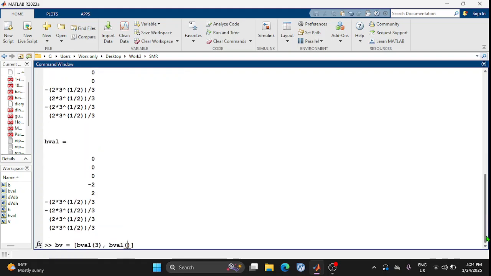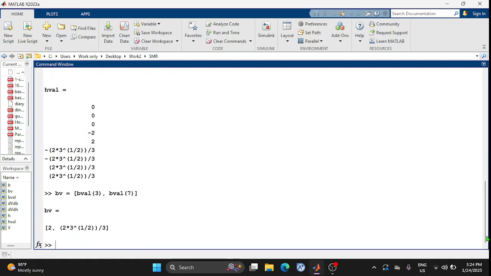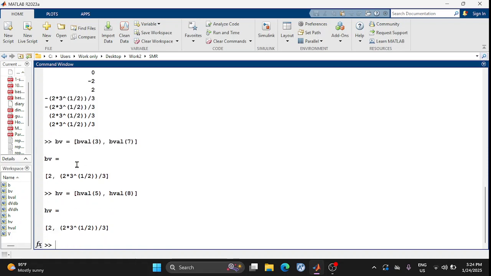So it's number 7. So we have this 2 and this, and our hv, that is the value of the height. Let us fetch those values from there. For hvar, which element are we taking? 1, 2, 3, 4, 5, the 5th element, and then 5, 6, 7, 8, the 8th or 9th element. So now we have 2 and this, and 2 and this.